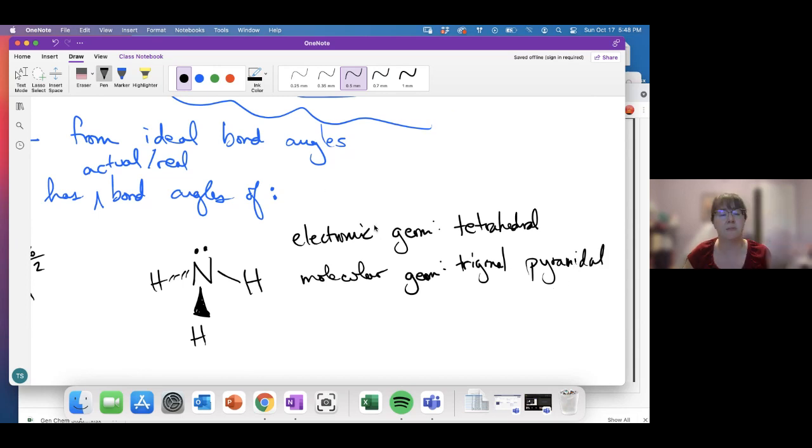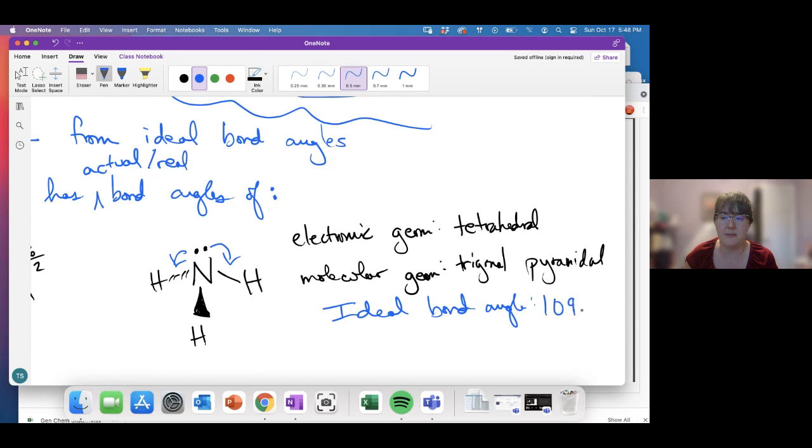Those two things should be different because of the lone pair. This lone pair is going to basically squish the bonds. If I had ideal bond angles, they would be 109.5 because that goes with the tetrahedral.